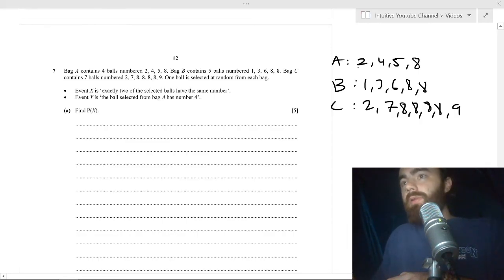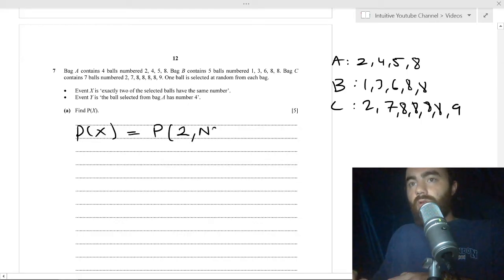Well, one of the ways this could happen is, let's say, we pick a 2 from bag A, then not a 2, and then a 2 from bag C. So the probability of X would be, this is A, B, and C, these are our picks: we pick a 2 from bag A, then not a 2 from bag B, and then a 2 from bag C. So that's one of the ways it could happen.